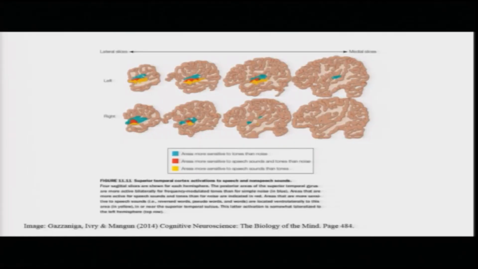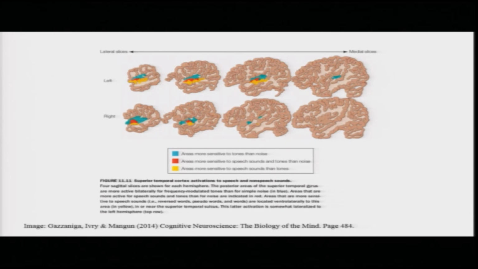Now, they also show in a figure, slightly differently, how this difference is being made. In these figures, you can see areas that are more sensitive to tones than noise, which are more sensitive to non-speech sound.